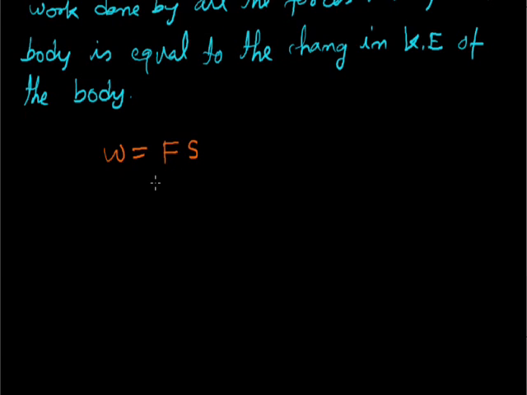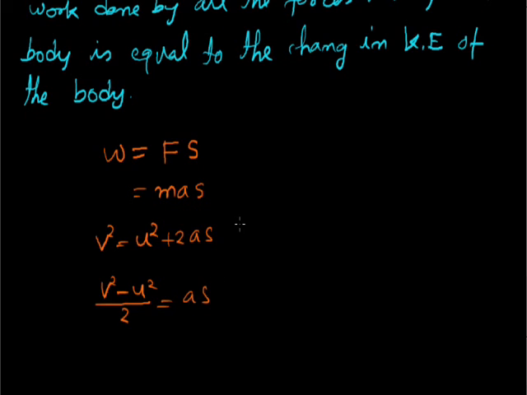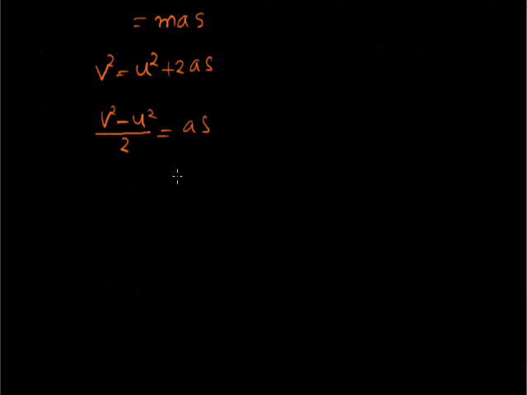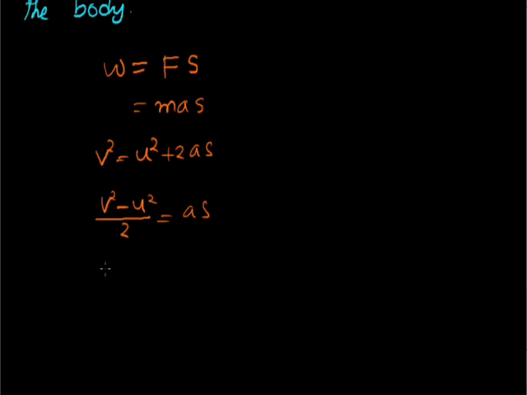And also we know force is equal to mass into acceleration, into S. So we know the equation of motion: V square is equal to U square plus twice AS, and we can put here (V square minus U square) upon 2 is equal to A into S. So in the equation of work done, when we put W is equal to M into, in place of A into S, we can put (V square minus U square) upon 2.